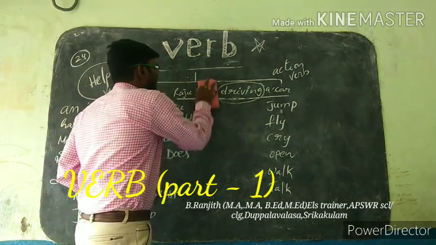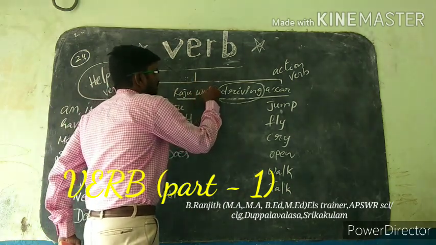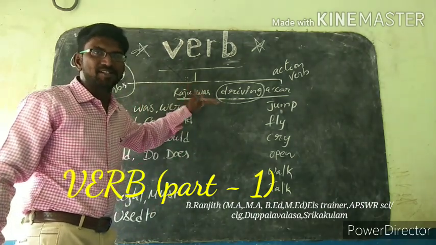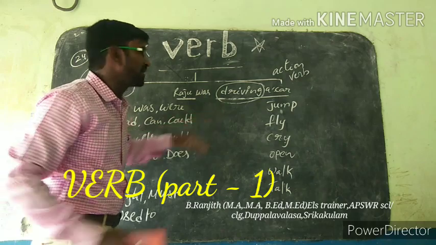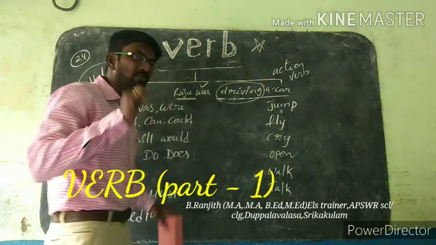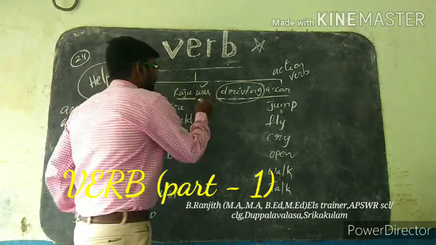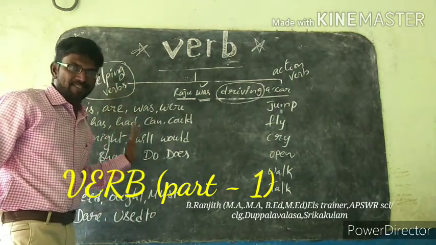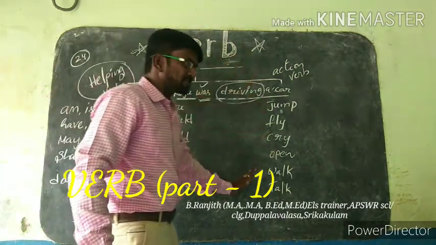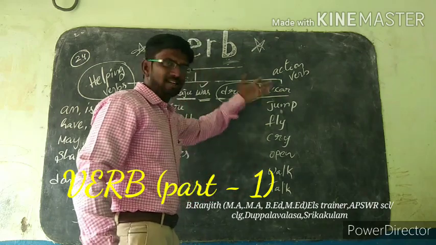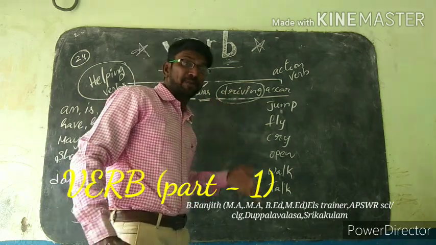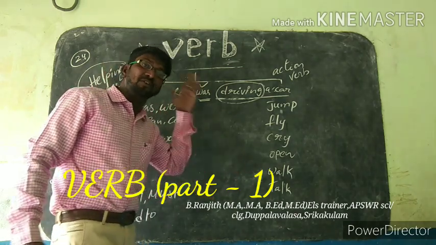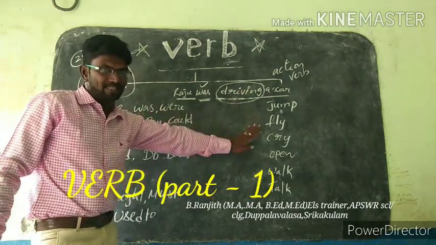If instead of "is", "was" is there, we can easily identify that this sentence is in past continuous. How? By seeing this helping verb. So this helping verb is playing the main role. Always helping verbs are called main verbs in a sentence, and these words are called action verbs. Action verbs sometimes play the main role and sometimes not, but helping verbs always play a main role in a sentence.